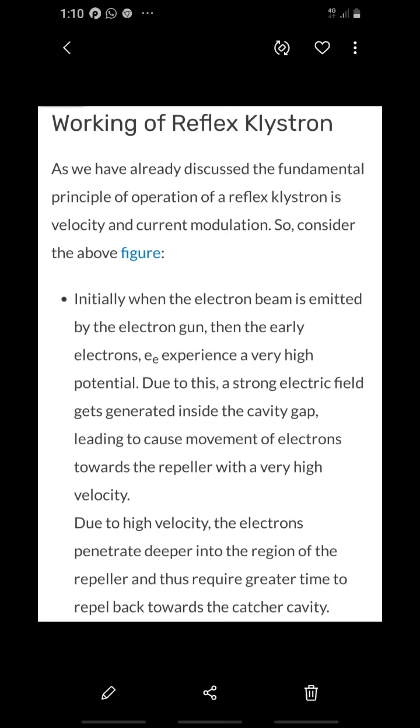Due to high velocity, the electrons penetrate deeper into the region of the repeller and thus require greater time to repel back towards the catcher cavity.